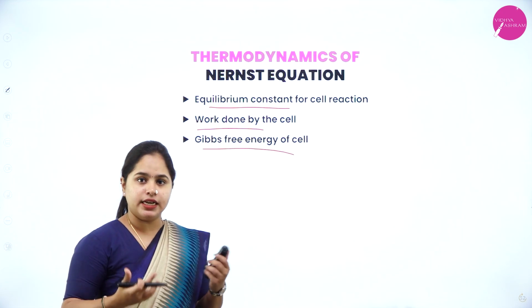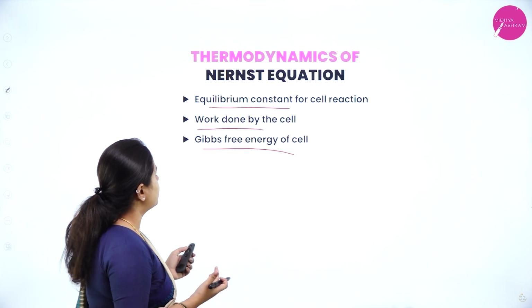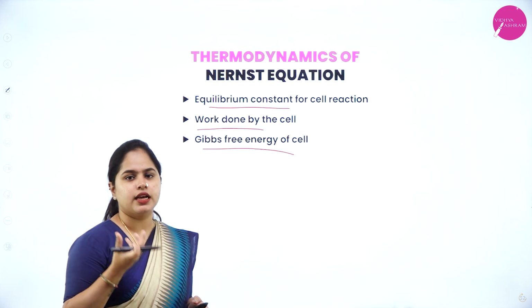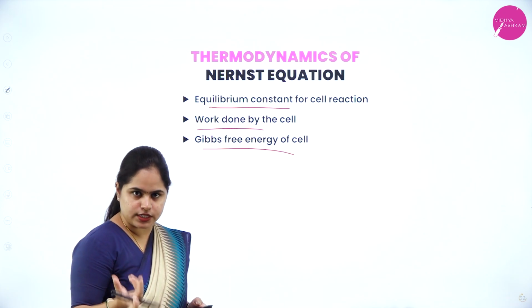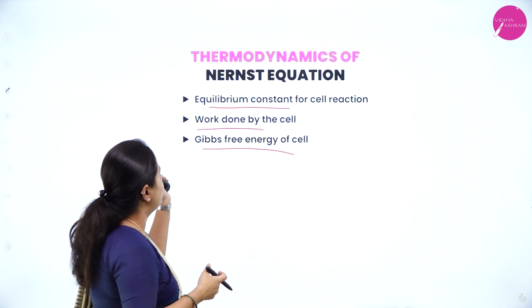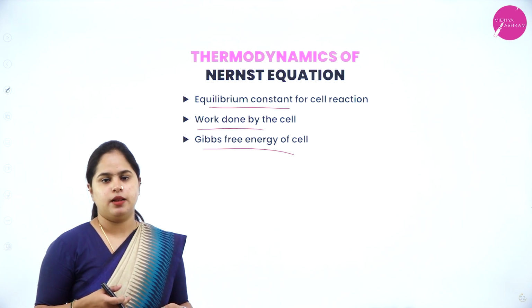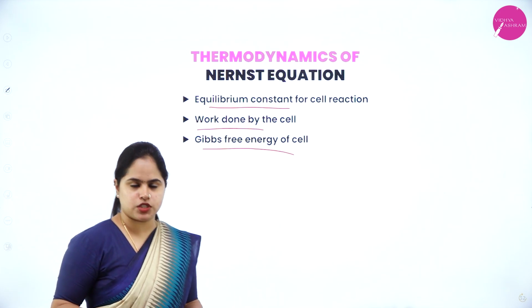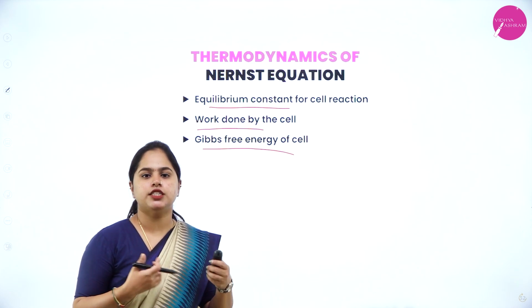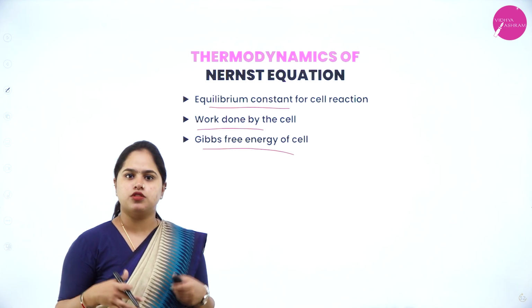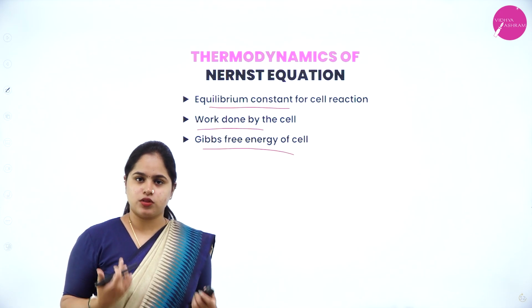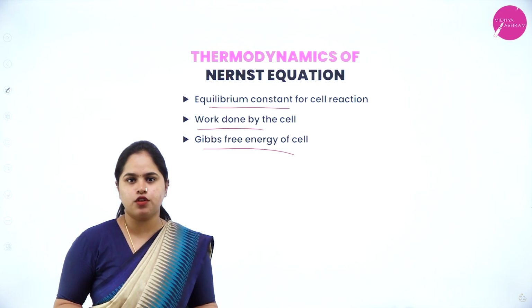So we will be connecting the Nernst equation, that is our E naught cell, the electrode potential of the cell under standard conditions, with equilibrium constant, work done by the cell and Gibbs free energy of the cell. So this is called the thermodynamics of Nernst equation, right? Gibbs free energy, work done, the equilibrium constant, all this comes under thermodynamics. So that is why it is called the thermodynamics of Nernst equation.